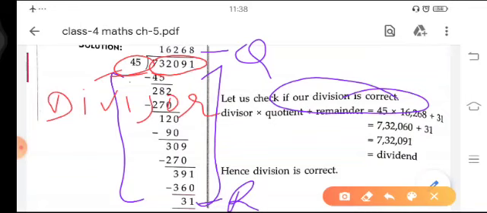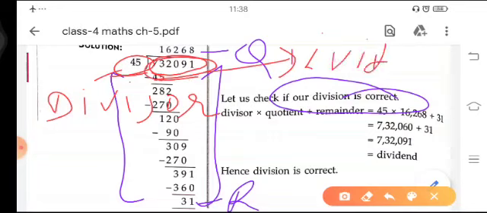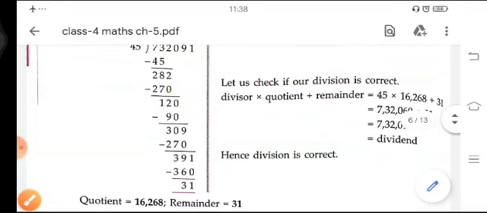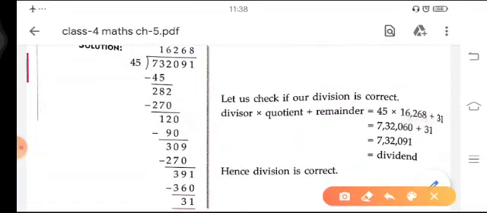The number which we have to divide is known as a dividend. After doing the division, the number we get is known as a quotient, and at last if we are getting any digit, then it is known as a remainder.